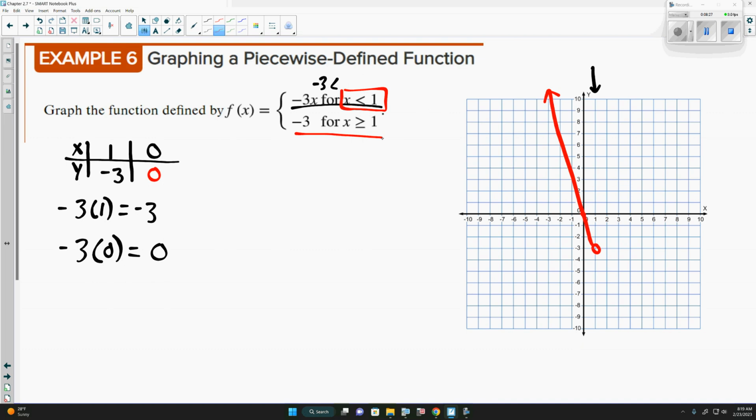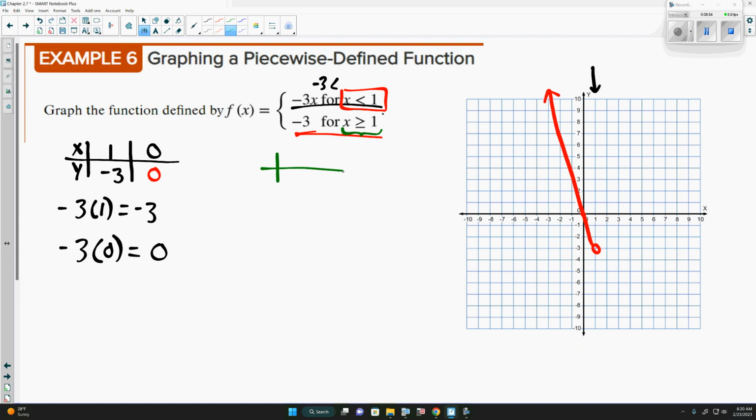Now we can look at the second one. These here are a little bit nicer. Because for the second part, when x is greater than or equal to 1, we have the function negative 3, yes? Is it going to be any other value besides negative 3? No. Because this here is a horizontal line going across at negative 3. And where's the point it starts at? 1.